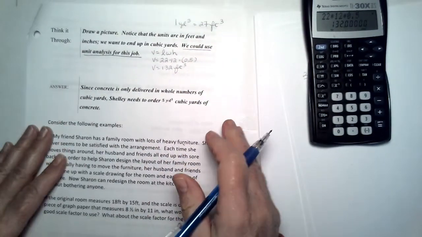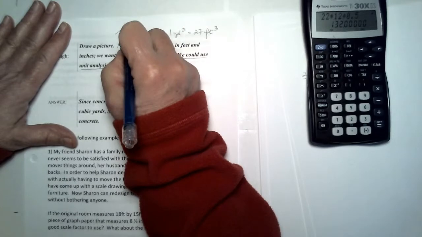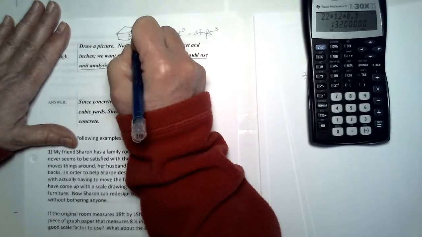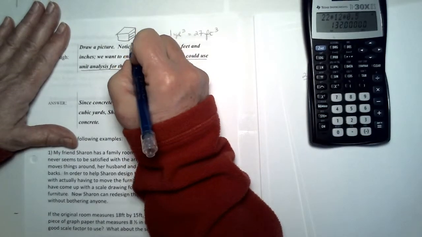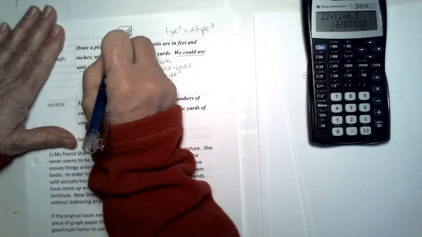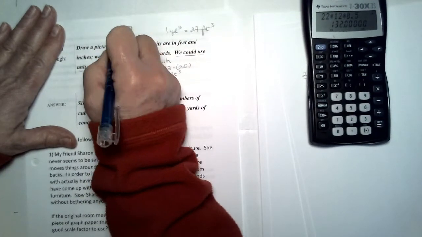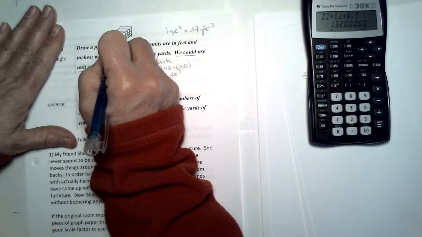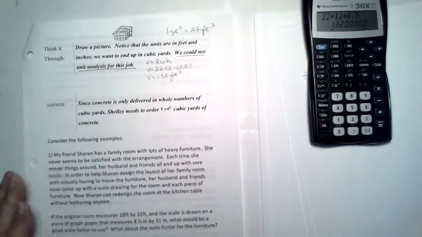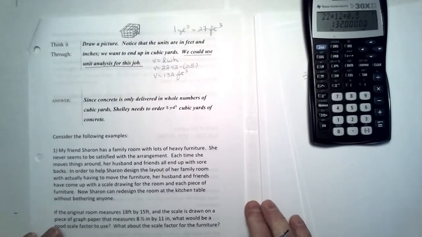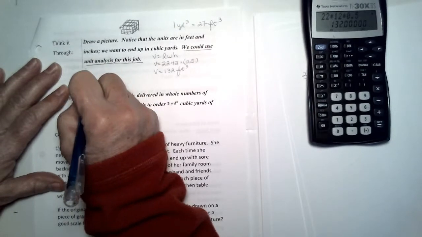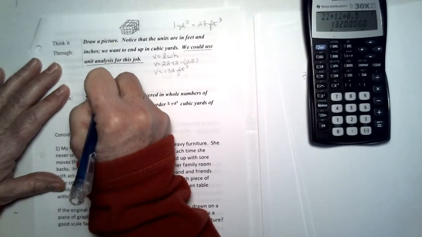And if you think about that, here's a cubic yard, and there's 3 feet, 1 foot, 1 foot, 1 foot, and 3 feet this way, 1 foot, 1 foot, 1 foot. It's not very pretty, is it? So there's 3 feet, there's 3 feet, and so on. And if we were to count all these little blocks in there, we would end up with 27 cubic feet in 1 cubic yard.